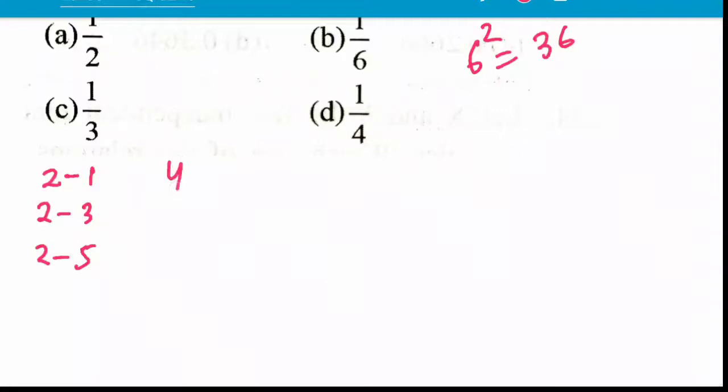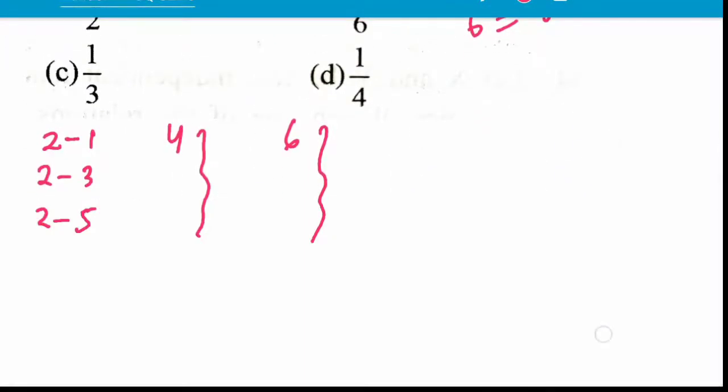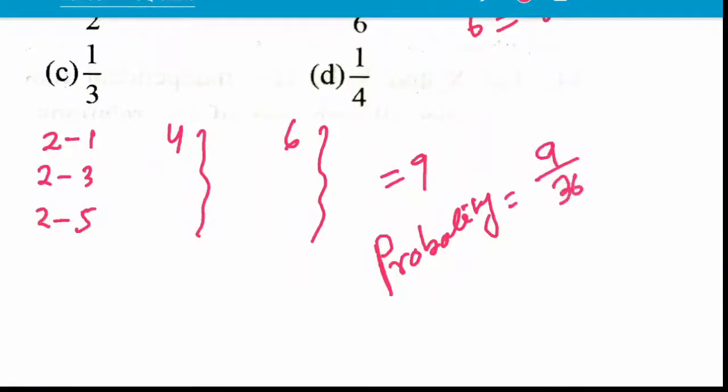Similarly for 4 there will be 3, and for 6 there will be 3. So the total number of cases for which an odd will follow an even number will be 9. So the probability of that event will be 9 by 36, which is equal to 1 by 4. So here the answer is 1 by 4, option number D.